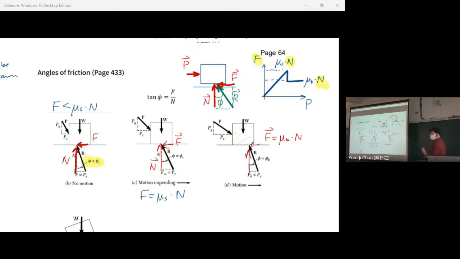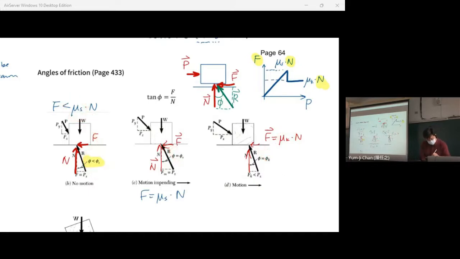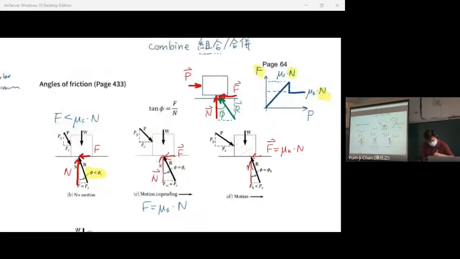You can say this phi s and phi k are just saying the same thing again: phi s corresponds to mu s, and phi k corresponds to mu k.